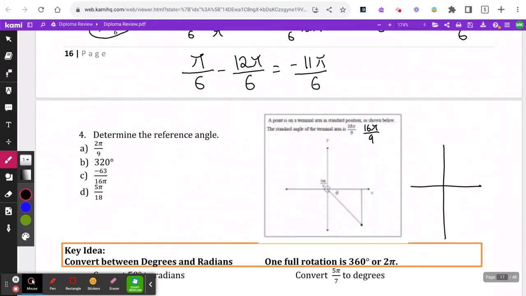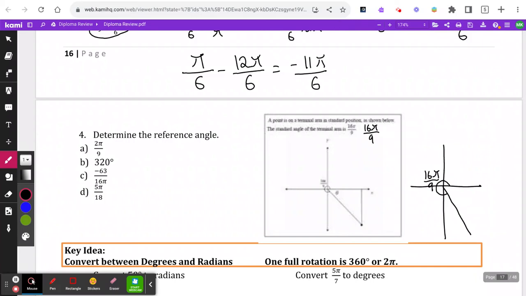I'm really banking on that being a 9 on the bottom. If it was an 8, they would have simplified it. So I'm pretty confident it's 16 pi over 9.